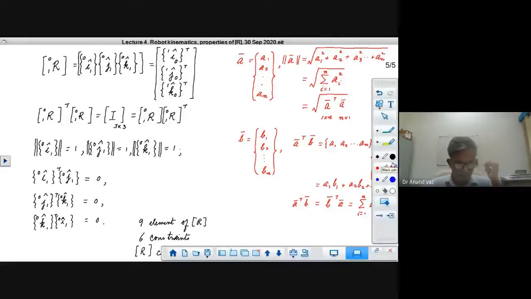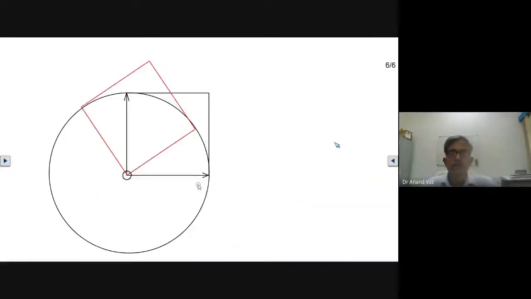Now let us proceed further. Let's take an example. We have talked of the R matrix. Now let us try to do some standard examples which we already are familiar with, but which we take for granted. So this is your x-axis. This is the y-axis.